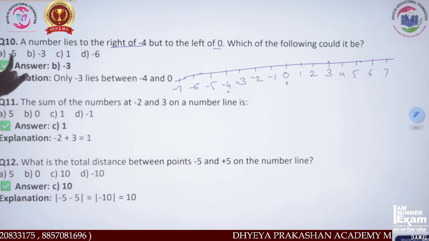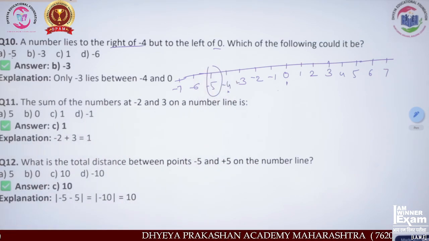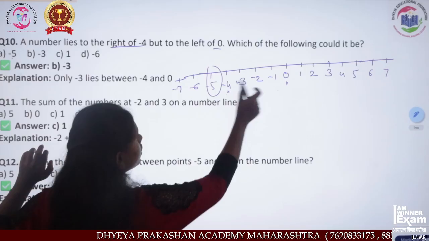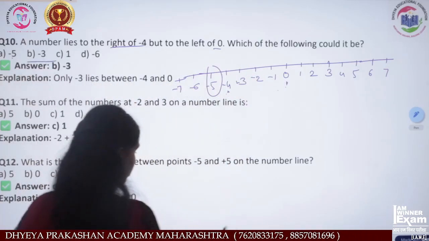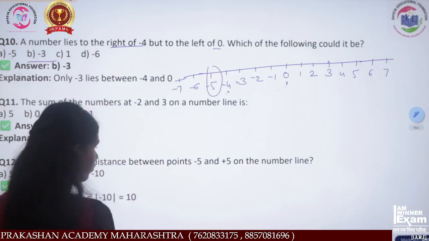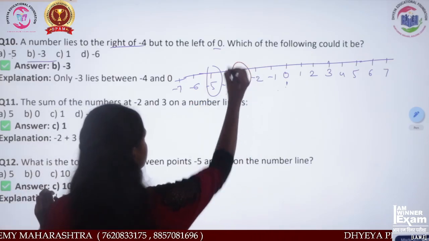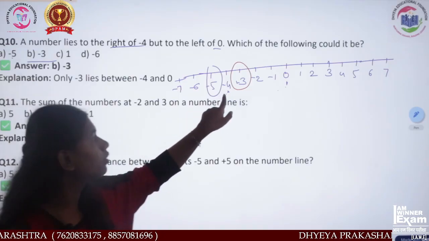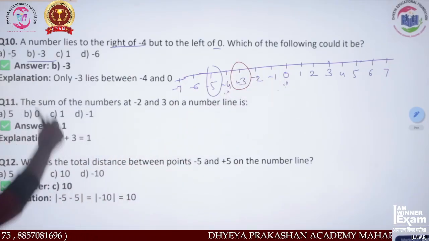If you take -5, -5 is here. So -5 is not between -4 and 0. Then next, that is -3. Now -3 is here, which is between -4 and 0.